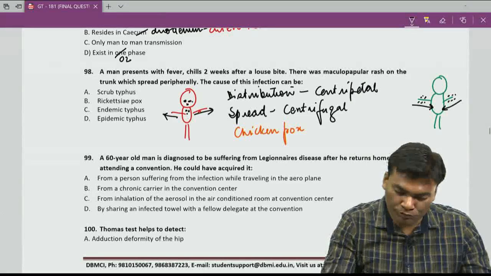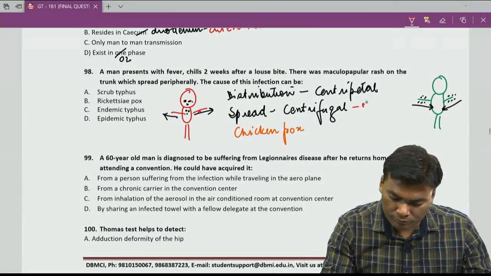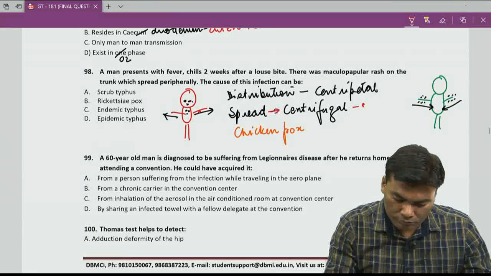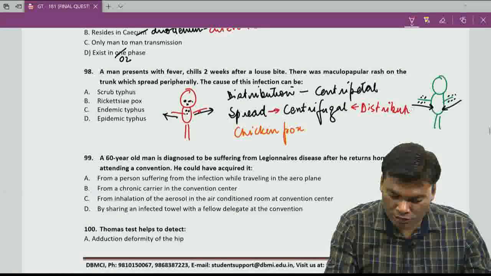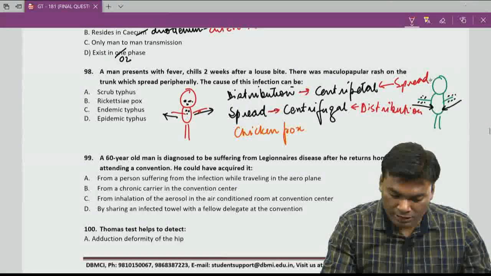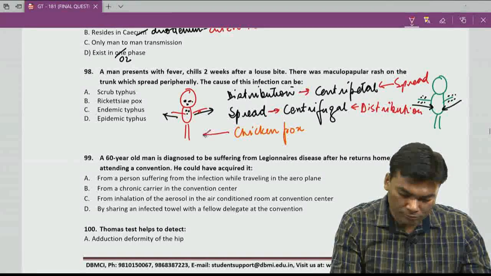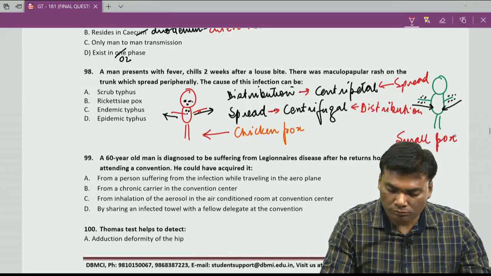So the distribution is centrifugal and the spread is centripetal, and this is seen in smallpox.